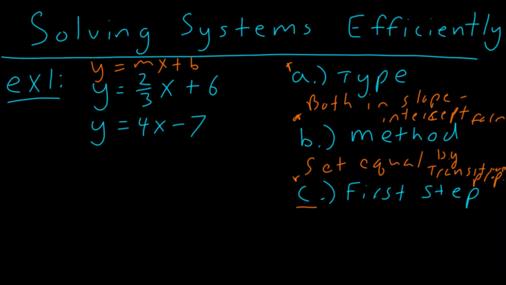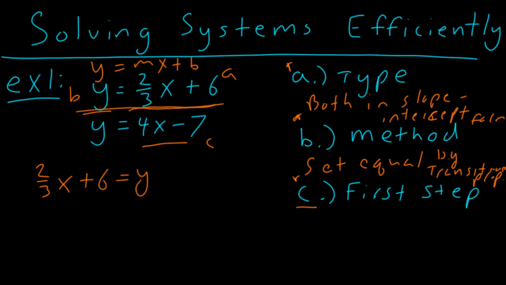By the way, this will be the only time I show you why this works by the transitive property. What if I called this A, and what if I called y B, and I called this C? And I said, you know what, 2/3 x plus 6 is really equal to y.